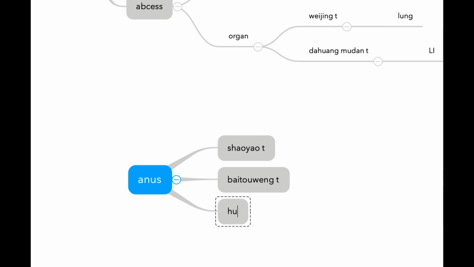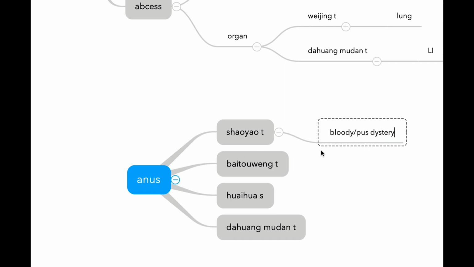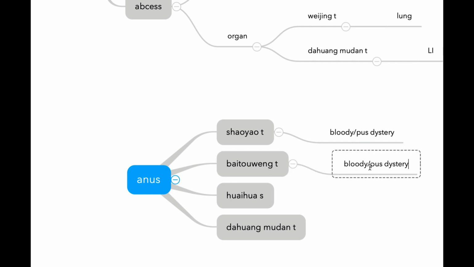And Huaihua San. So these two treat bloody pus, dysentery. This one treats bloody, more dysentery.